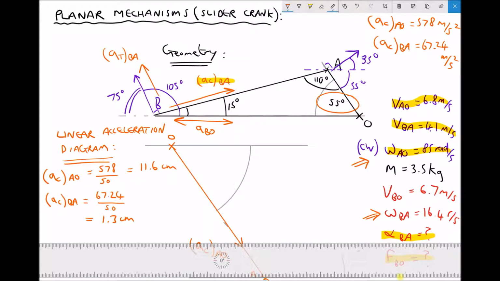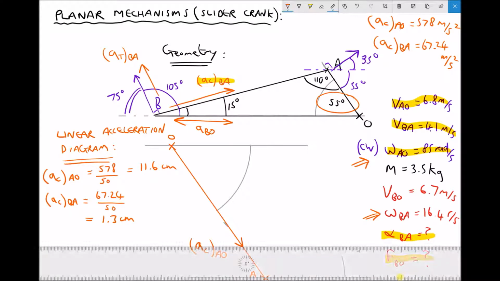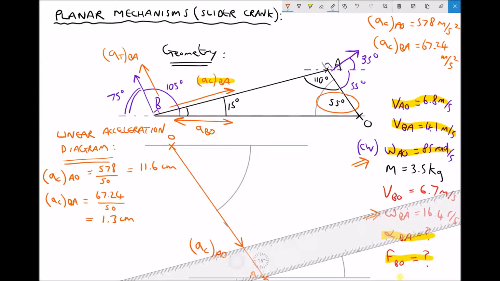And then I need to draw a line of length 1.3 centimetres in that direction. So I have 1.1, 0.2, 0.3.